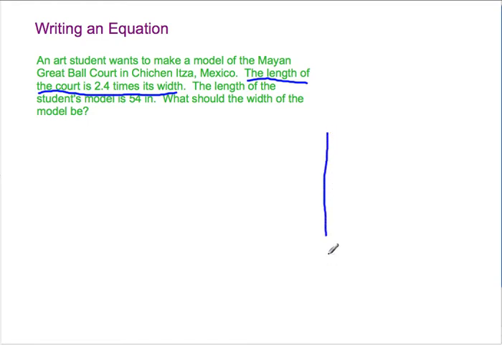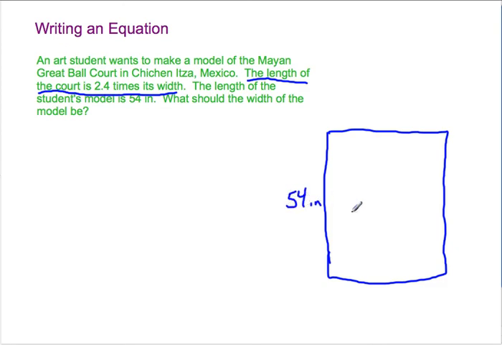Well, let's assume you were given a picture of this court, probably a better picture than this, and the length here is 54 inches, and we need to know what the width is. We're not sure. So if given this picture, we need to know what W is.